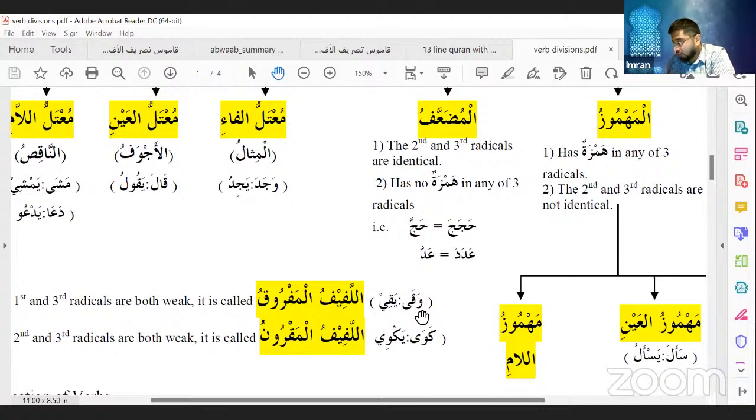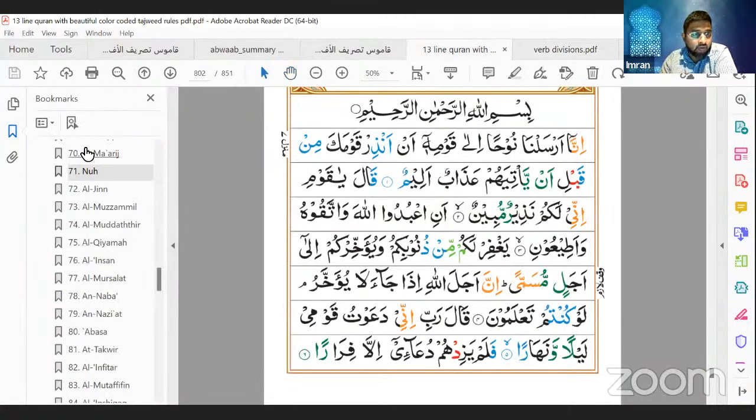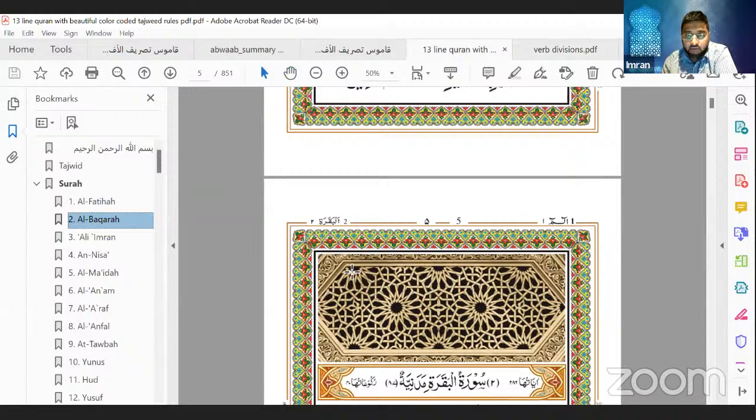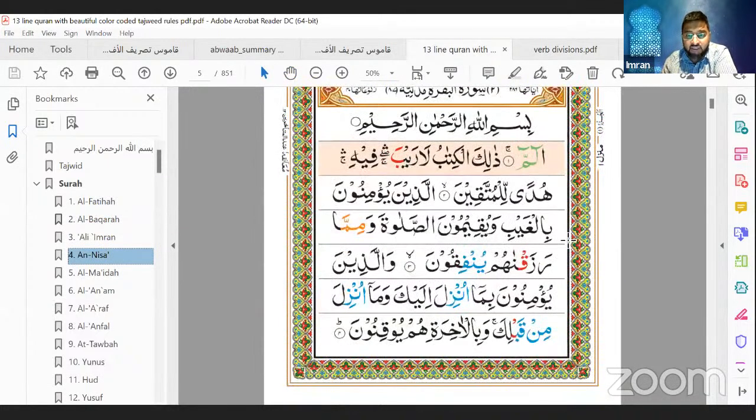I'm just going to put it on the screen for you and show this as well. Surah Baqarah, verse number 201. It's only an introduction yet.